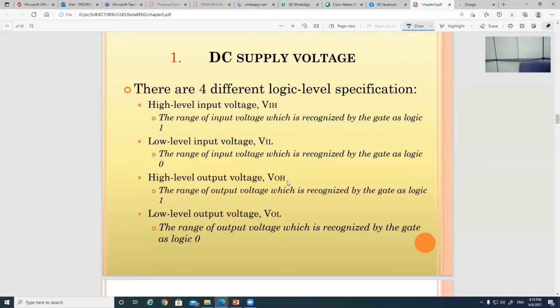Actually those two are for input, and then for output we have either logic 0 or logic 1. If high level input voltage, the input is 1. If low level input voltage, we have 0. Similarly for the output, high level output is 1, and low level output voltage is 0. So there are 4 different logic specifications.